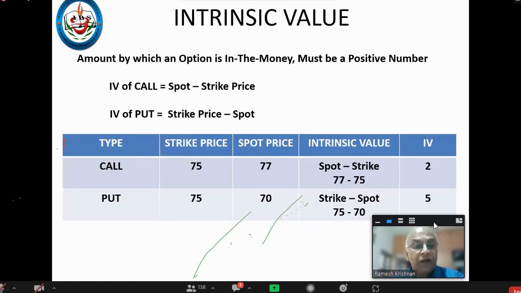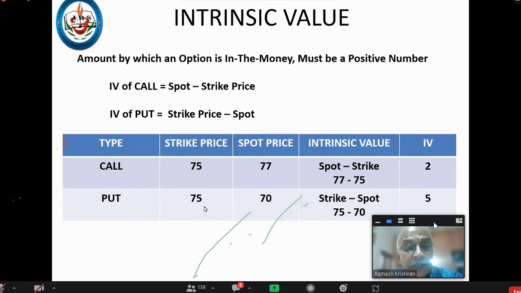Now, call option: strike price 75, spot price is 77. So what happens when the spot is moving up? You get a 2 rupee value in the option: spot is 77, strike is 75, 2 rupees value.